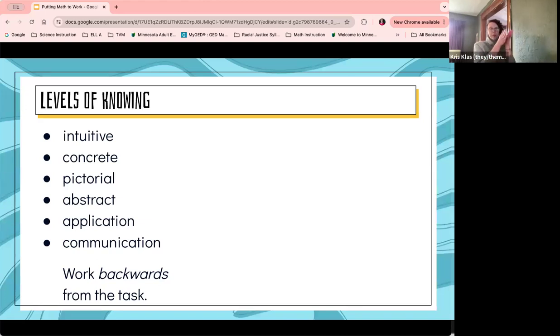This helps me think about how I'm going to scaffold to a math task in any class, but particularly in a job place where you're going to need to be communicating with other employees and employers about the work that you did.